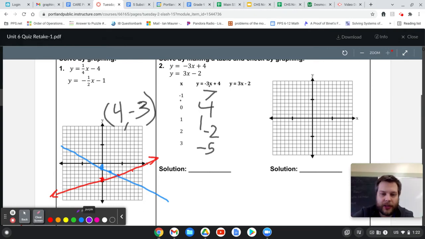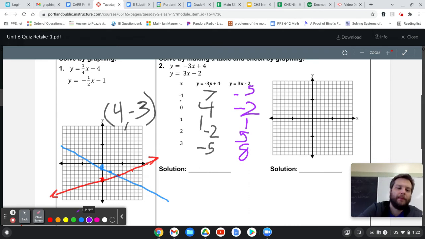The other equation is a positive 3 slope, and I'm going to use the shortcut here. The y-intercept of negative 2 matches up with x equals 0, and I can add 3 to it to obtain the next values. If I'm working backwards, I'm subtracting 3.